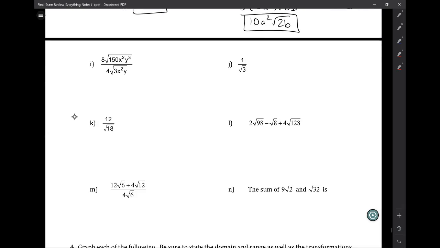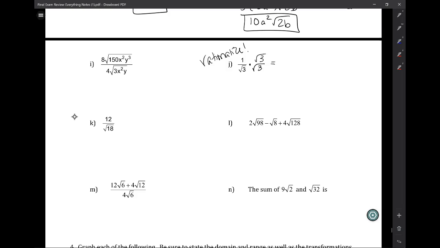Okay, letter J is something called rationalizing. The reason why we have to rationalize is when we end our final answer, if our final answer has a radical in the denominator, in the bottom, we can't leave our answer like that. So what we learned was we multiply the top and bottom by the radical that's in the bottom.